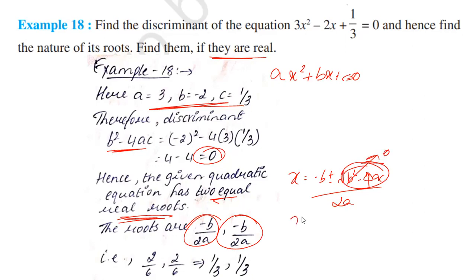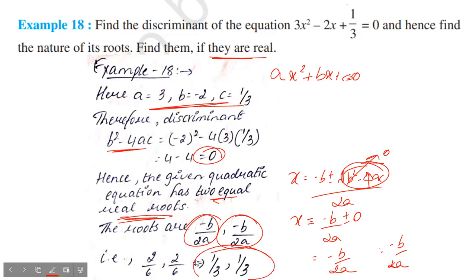So x will be equal to minus b by 2a plus or minus 0. If it is plus 0 also, it will be minus b by 2a. If it is minus 0 also, it will be minus b by 2a. So both the roots are real and they are equal. Upon simplifying, you get it as 1 by 3. So this is the required solution.